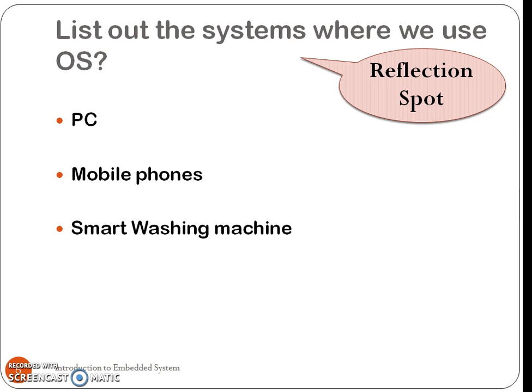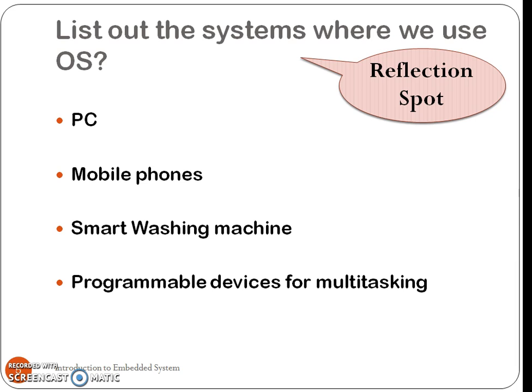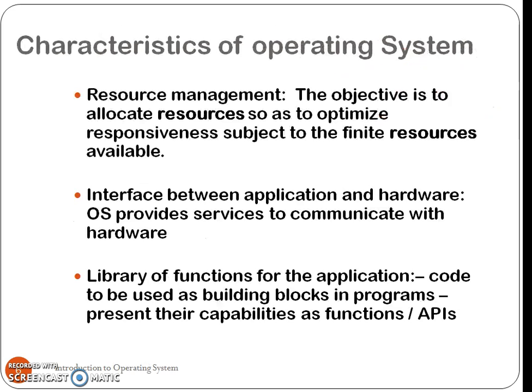Nowadays we are using washing machines which talk to us. So those are smart washing machines, or they work automatically on their own and take decisions. That is nothing but due to the operating system. Then programmable devices which perform multitasking. All those devices include an operating system. I'm sure you may have listed a few of these devices.